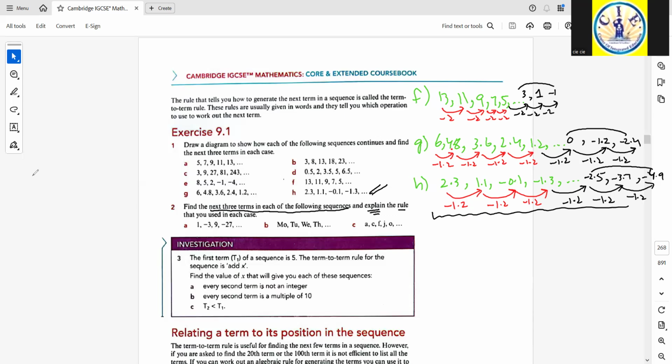Okay, in part A, question 2, part A. 1, -3, 9, -27, and so on. If you observe, this is a positive term, this is negative, again positive, then negative. So that means we need to multiply by a negative number.